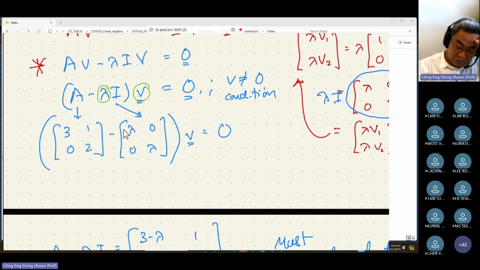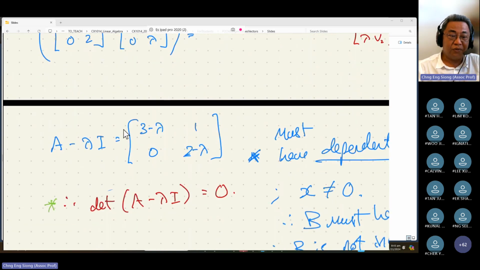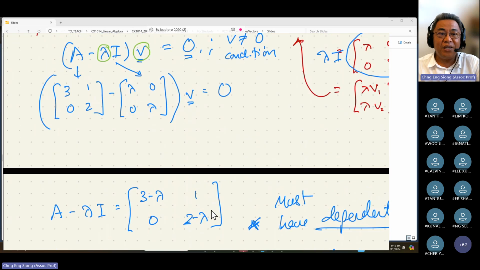The most clever idea, and it took me a long time to figure this out when I was a student, was to cast the problem as the determinant must be equal to 0. So what disappears, guys? V disappears.